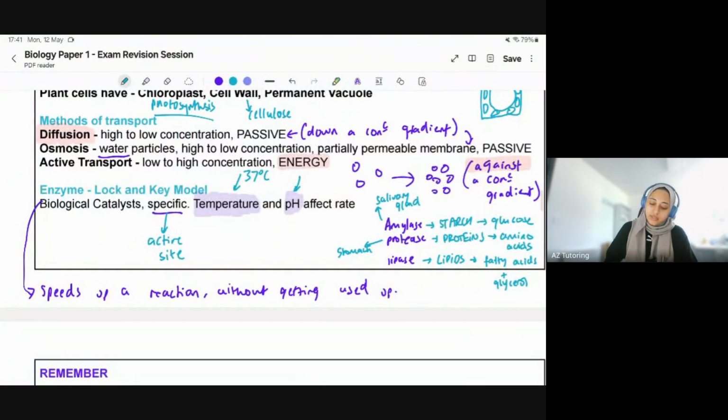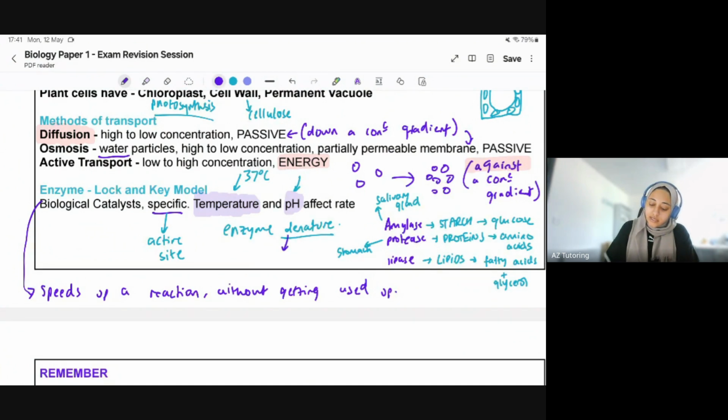So let's talk about pH and temperature affecting it. If you do not have a suited temperature or pH, so let's say we're at 39 degrees Celsius, your enzyme will denature. In the exam, you can't just say the word denature. You have to give a bit more explanation.